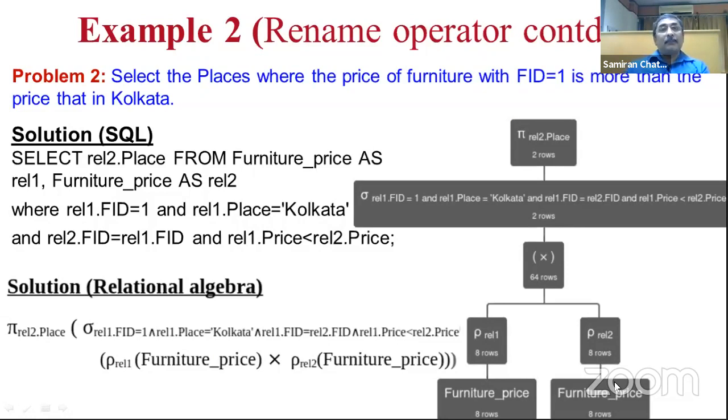Although these 2 tables are the same, and their instances at this point of time are the same, this was essential because without it, the sigma in relational algebra and the where clause in the SQL query could not be written. Right? So therefore, we had to do this.